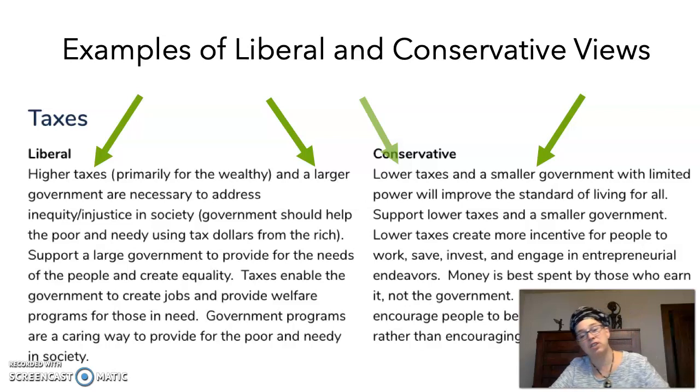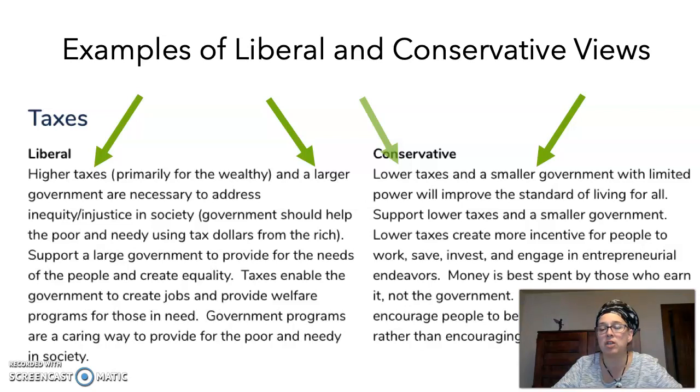Now, on the other hand, conservatives believe lower taxes and a smaller government with limited power will improve the standard of living for all. They support lower taxes and a smaller government. Lower taxes create more incentive for people to work, save, invest, and engage in entrepreneurial endeavors. Money is best spent by those who earn it, not the government.